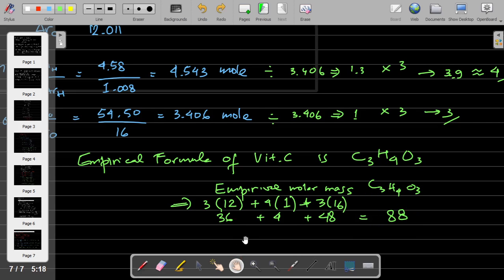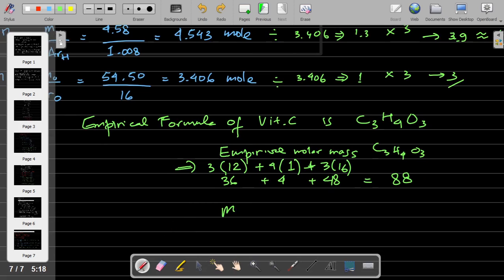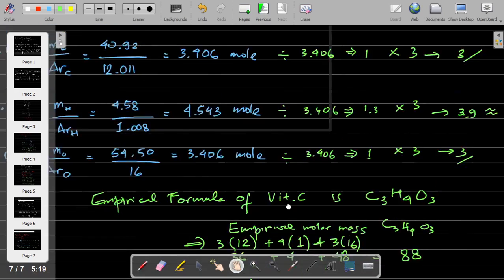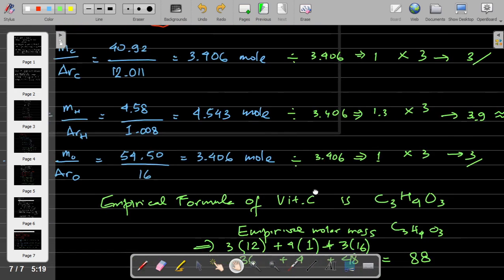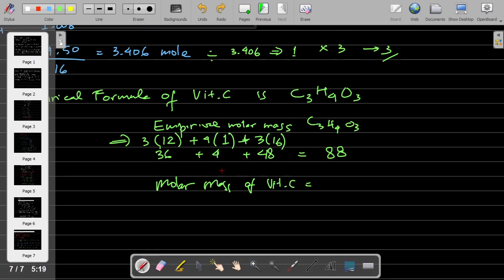And now how about the molar mass of vitamin C? The molecular mass of vitamin C is 176.